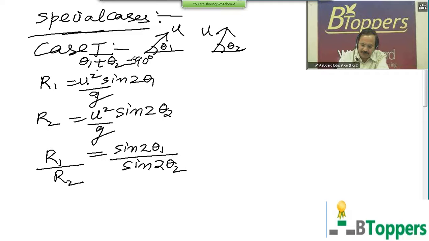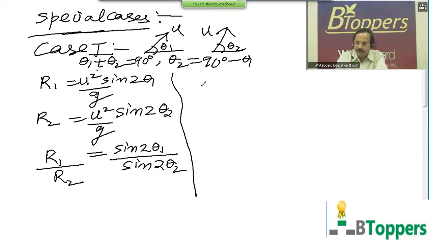So if theta 1 plus theta 2 is 90 degrees, you can write theta 2 equal to 90 degrees minus theta 1. Then the two angles of projection are said to be complementary angles. We can call two angles theta 1 and theta 2 complementary angles if the sum theta 1 plus theta 2 is 90 degrees.